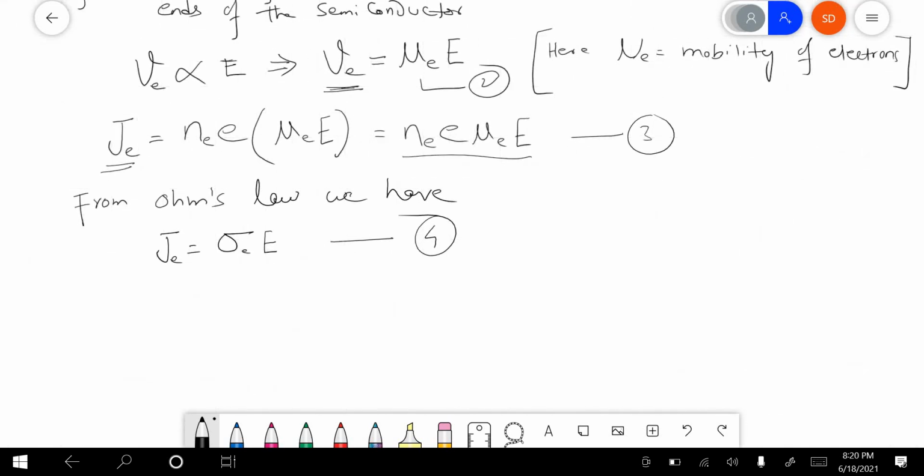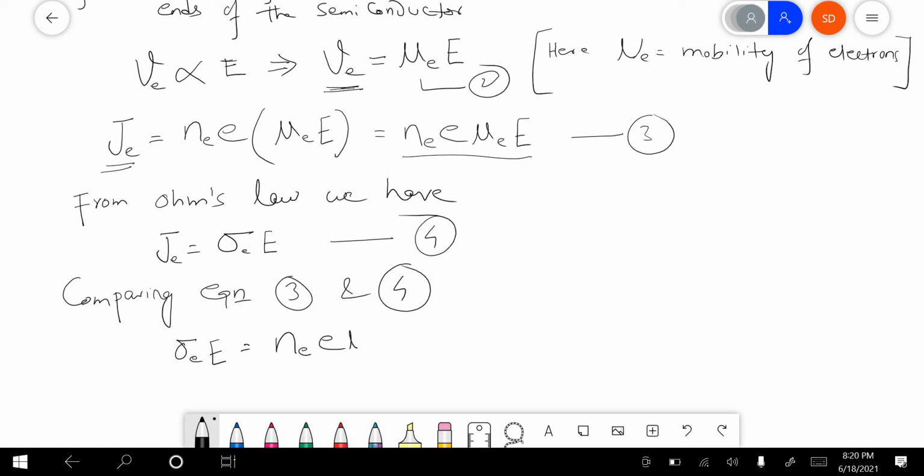Comparing equations 3 and 4, sigma into E is equal to Ne e mu e E. I am only calculating for the electron now, then I will go for holes.